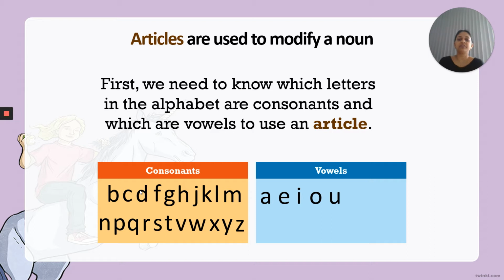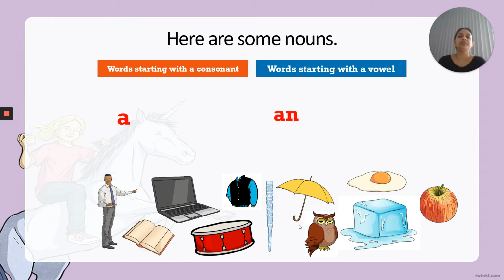So all the alphabets are on over here, but on this side you've got all the letters which are consonants, and you've got your 5 letters of the alphabet which are your vowels. Okay, so now we know what letters are your consonant and vowels. Now we can move on to a and an as an article.